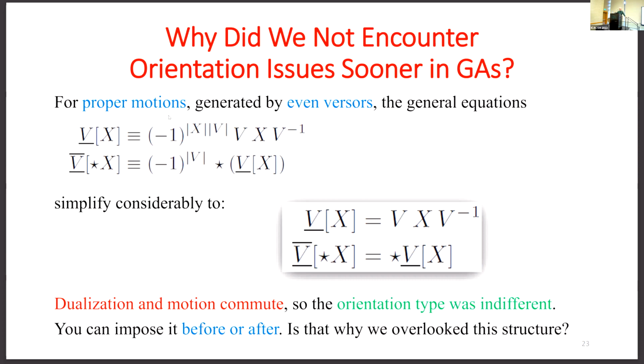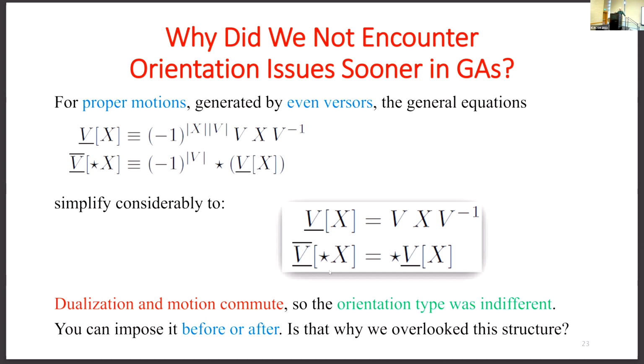And if you then see how these formulas simplify, you see that this thing just transports to where you want it to be without any signs. And whether you first decide to consider it as an intrinsic element and then transform it, or first transform it and then decide what kind of element it is, it makes no difference to your computation. And that's why we didn't really care.